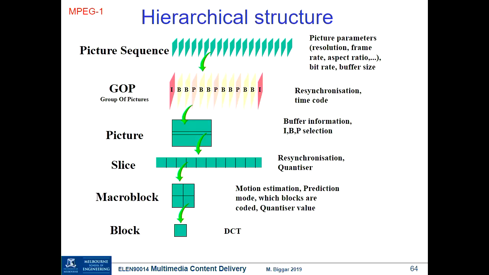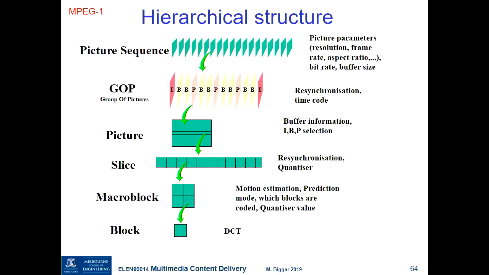We've got this whole picture sequence which has certain parameters associated with it, the resolution, the frame rate, these sorts of things that apply to the whole sequence, say the whole movie. But then each group of pictures is distinguished by having an I picture at the start, so there's a resynchronization point there, and a time code is included.